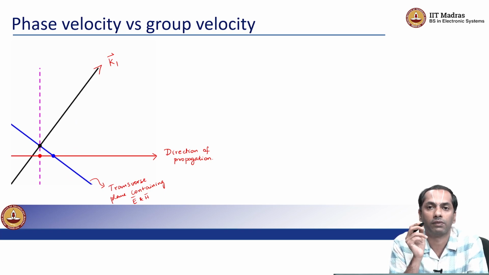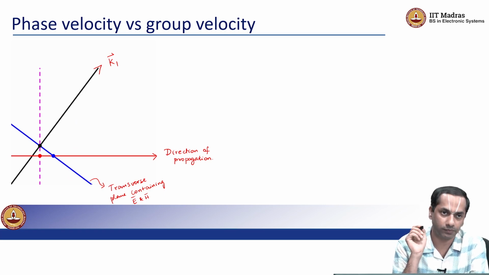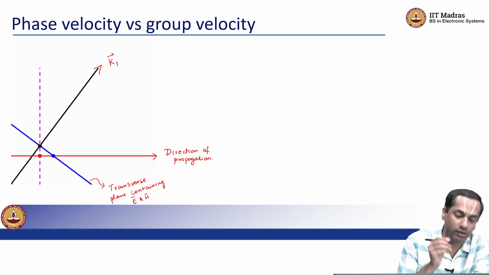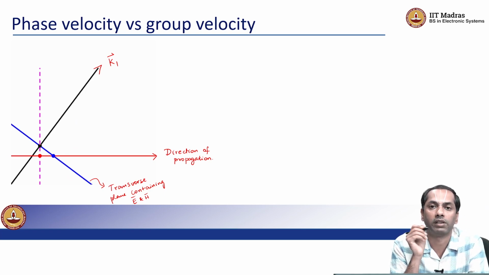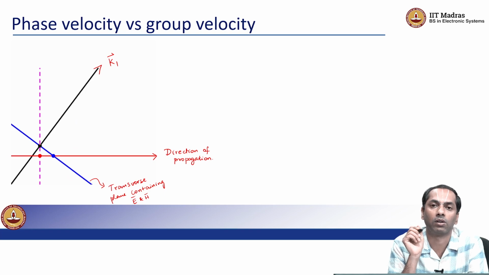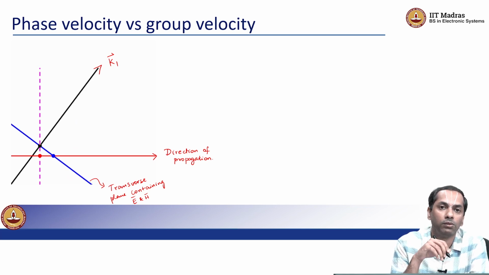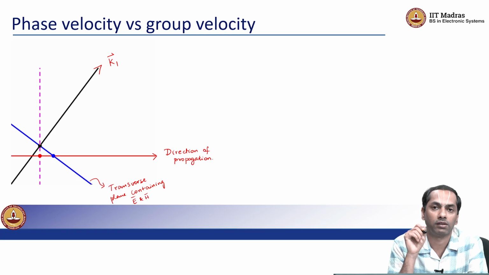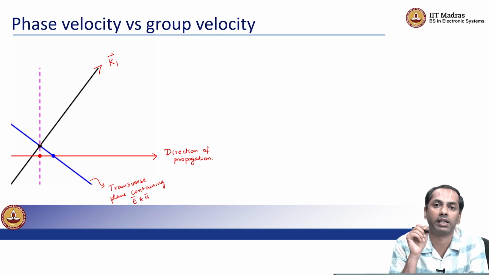Now we have a few different definitions of something that is happening over time. So the black dot is just a fixed point on this plane of constant phase. We have the blue line representing the constant phase plane, and the black dot and the blue dot are always going to be on this plane of constant phase, whereas the blue dot is restricted to be on the line shown by the direction of propagation.